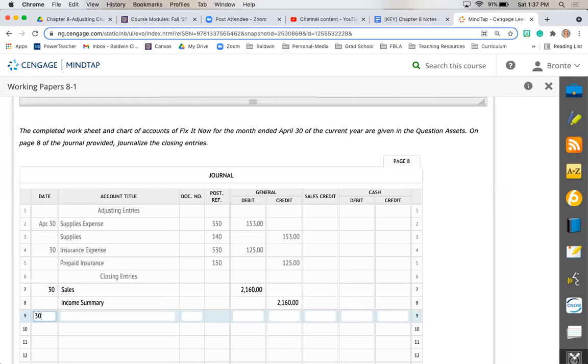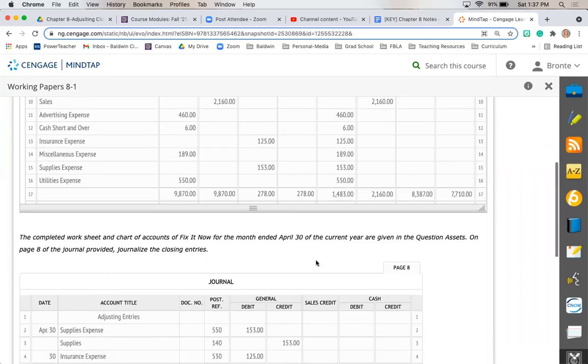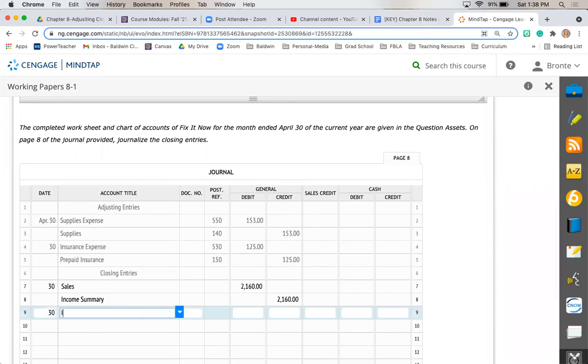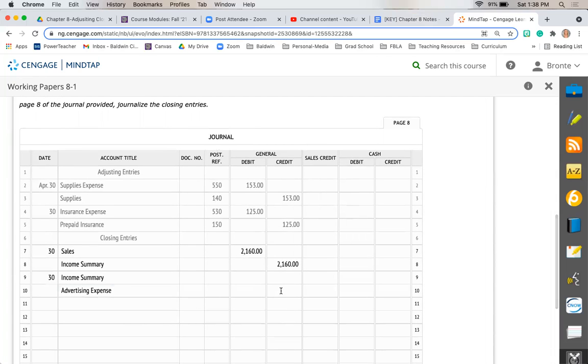All right, next we're going to close all of our expense accounts. So there's all of our expense accounts. They're going to end up getting credit. So our first account here is going to be income summary, and we're going to come back and put the debit total in. But then we're going to list all of our expense accounts. So advertising expense, it's getting a credit of 460.